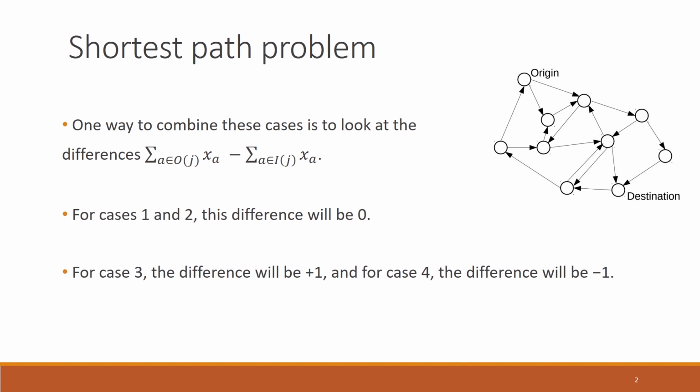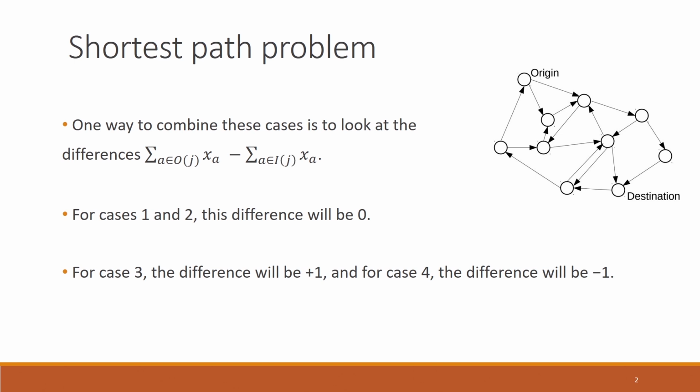Then for case 3, this difference will be equal to 1, because for the origin node there will be exactly one outgoing link for which XA will be equal to 1. Therefore the first summation will have value equal to 1, whereas the summation on the right side will have value equal to 0, because there will be no incoming link to the origin node.